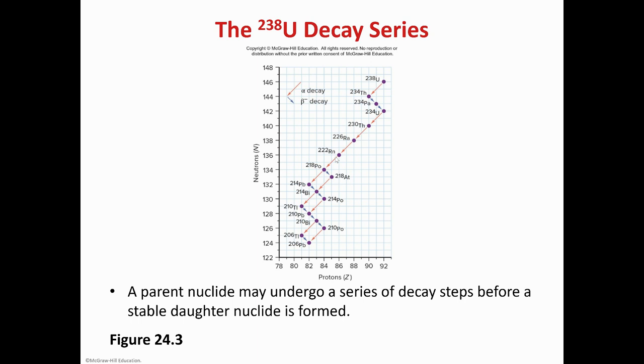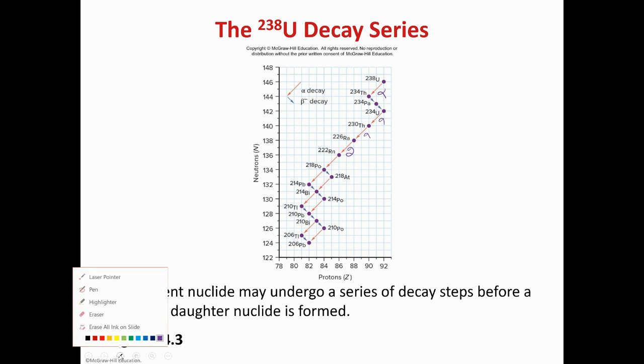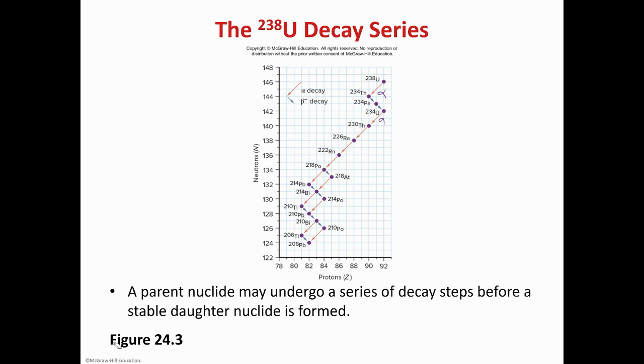But the uranium-238 will decay. And do you see here that it really prefers alpha? So all the red arrows are alpha decays. The other part here that I think is worth noting is that when it decays, it's not like it ends up stable. So this is showing that it does a series of decays, producing another radioactive isotope that keeps decaying.